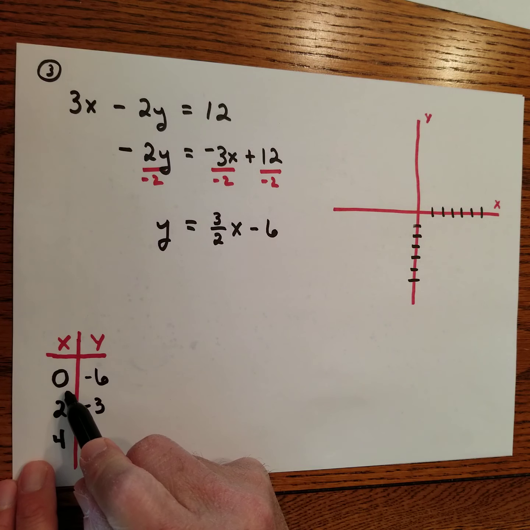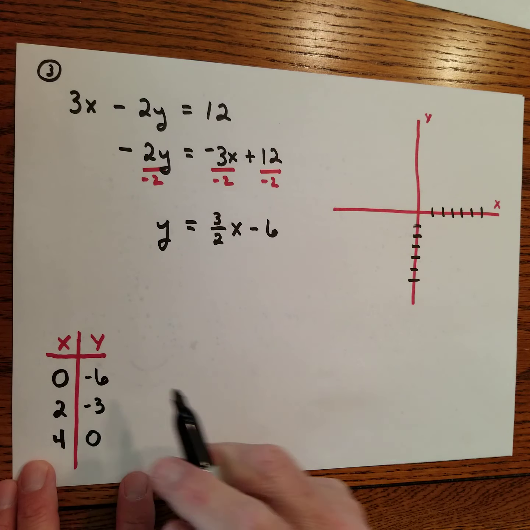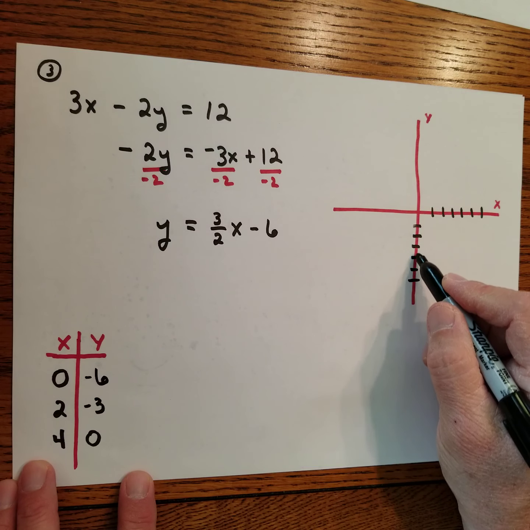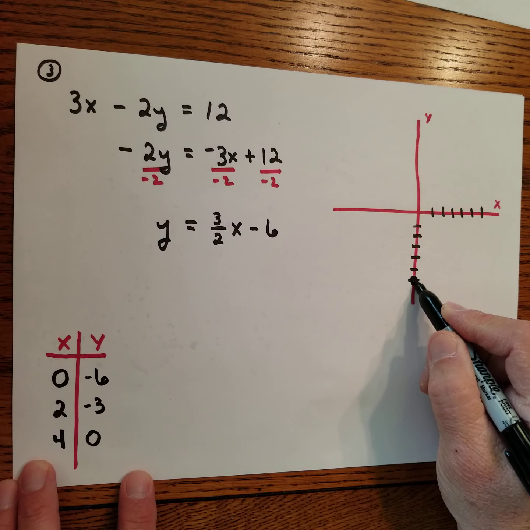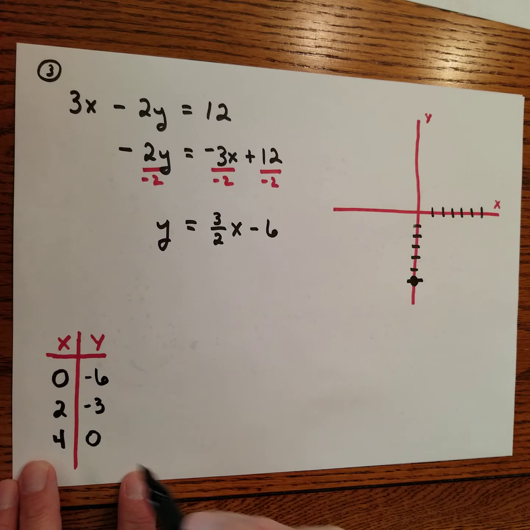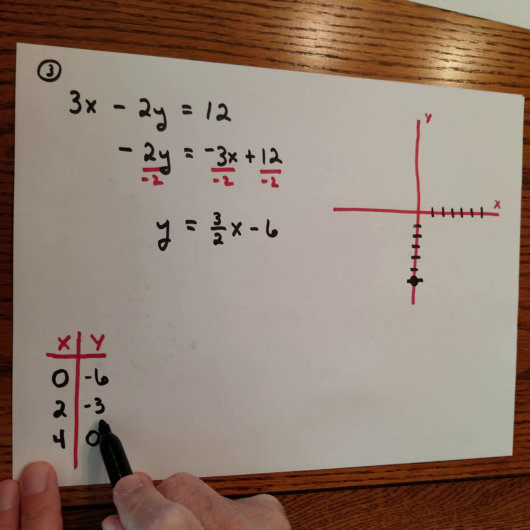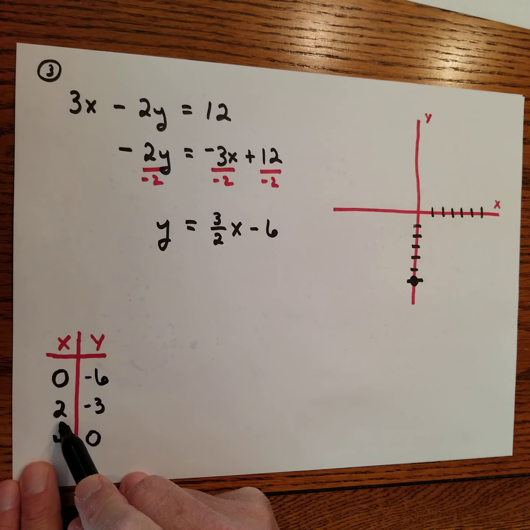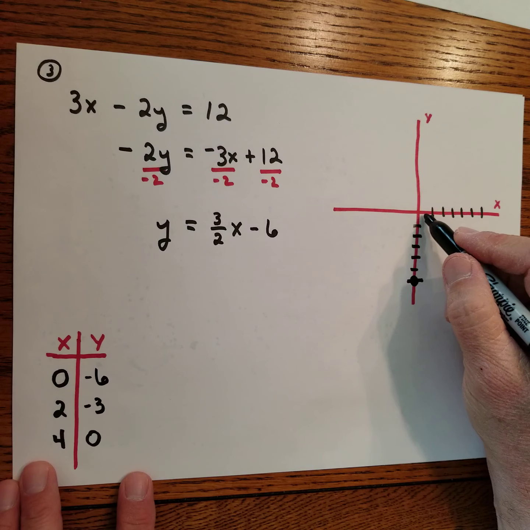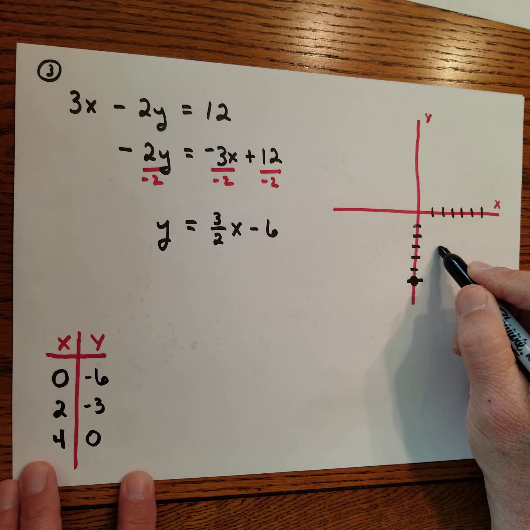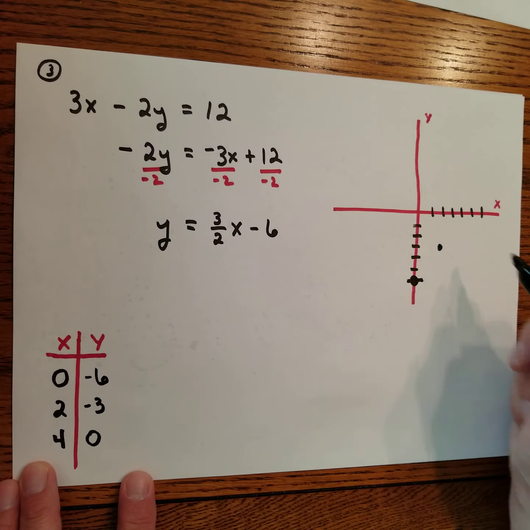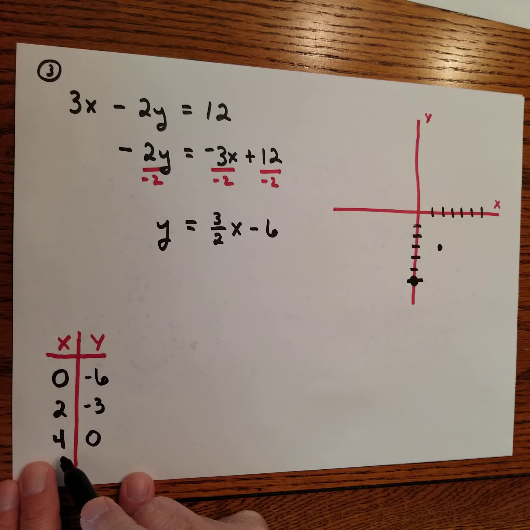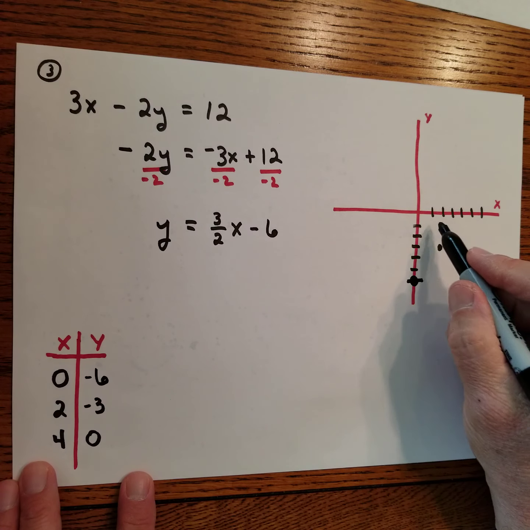When x is 0, y is negative 6. When x is 2, y is negative 3. That's 2 right, 3 down. When x is 4, y is 0.